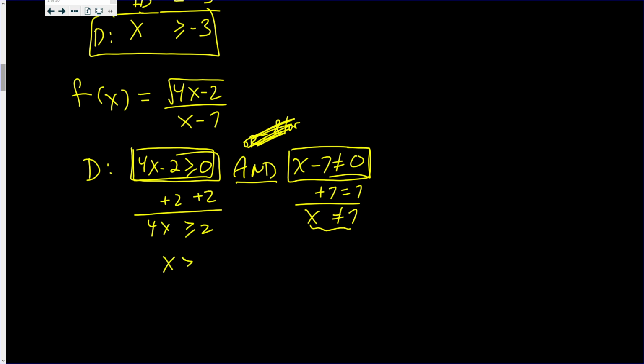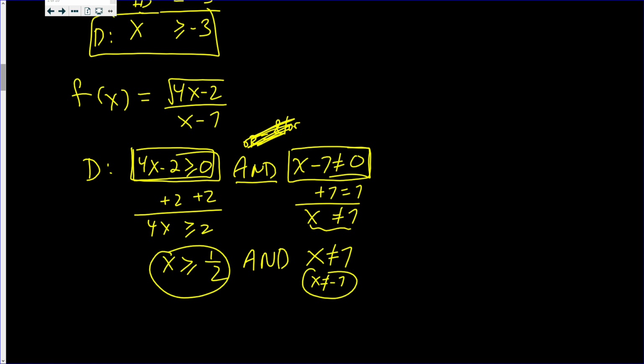Divide by 4. x must be bigger than a half, and x can't be 7. Now, if this had said x can't be negative 7, well, if you're bigger than a half, you're already not 7.